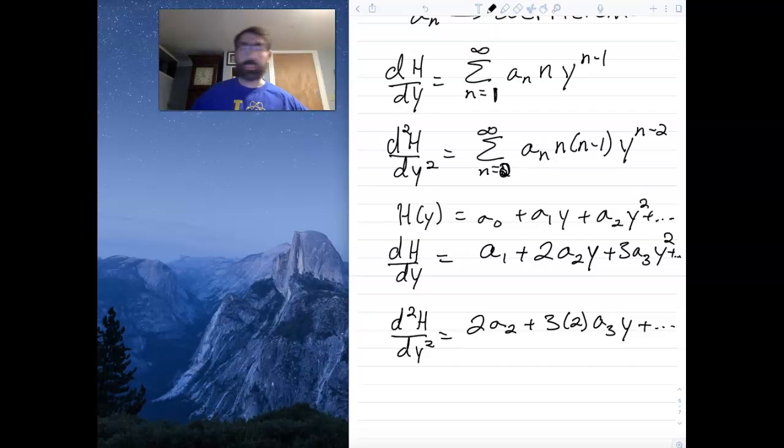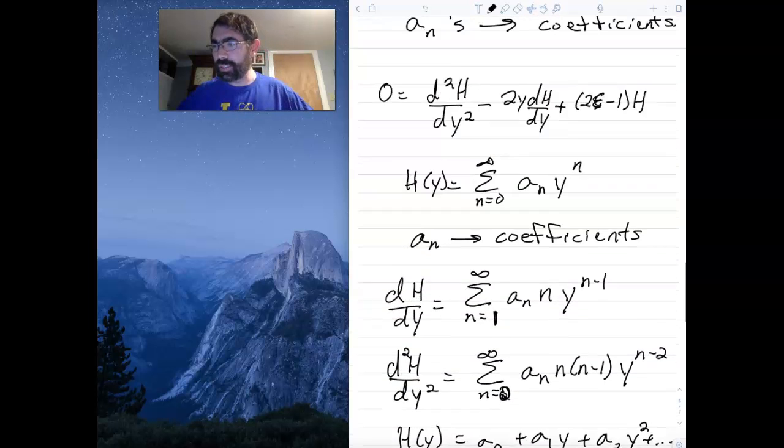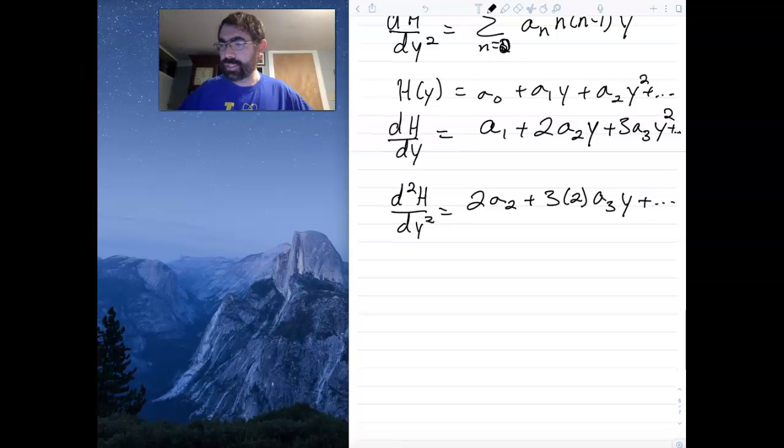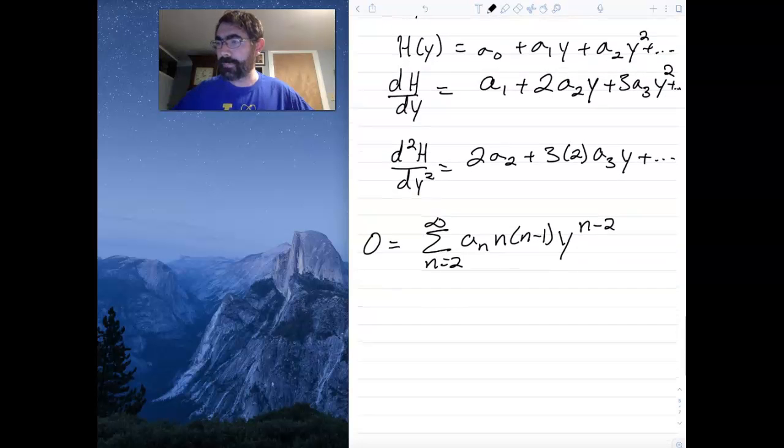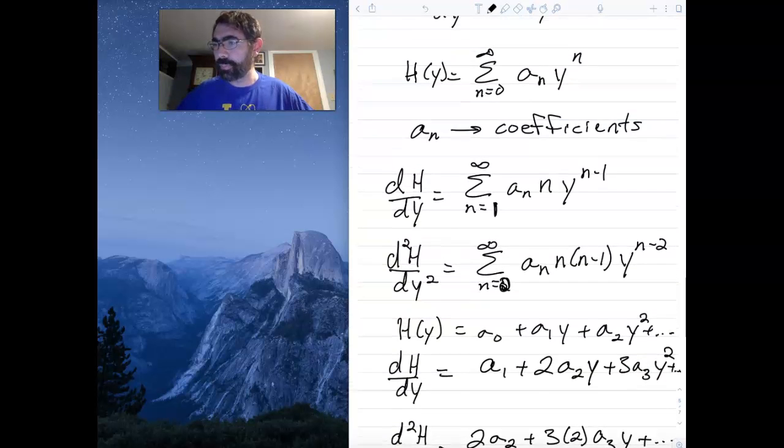Okay, so if we put these together, what do we get? For the second derivative, the sum from n equals 2 to infinity of a_n n(n minus 1) y to the n minus 2 power. That's the first term.